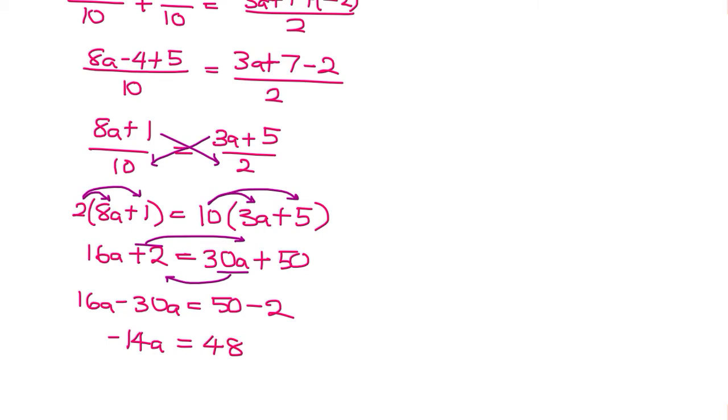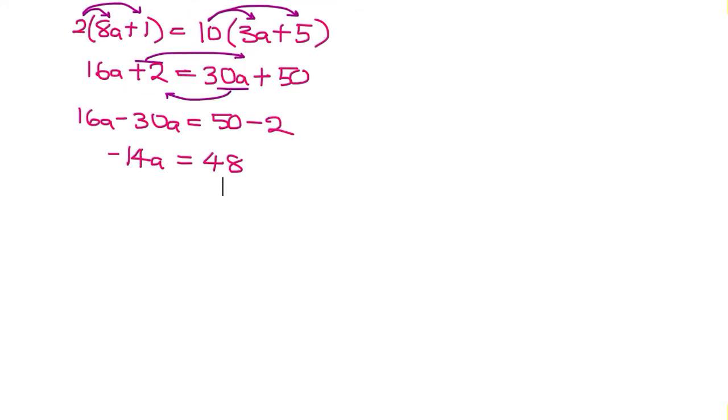So once we have that, the next step is to divide both sides here by negative 14 in order for us to solve for a.